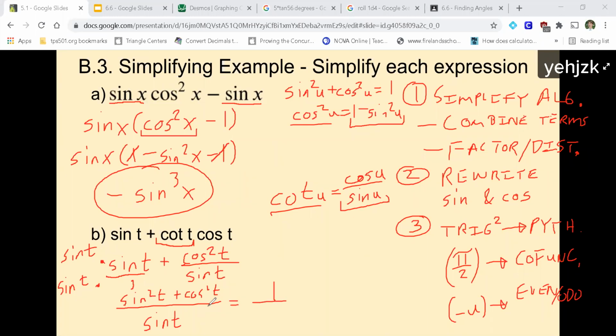So this is just 1 over sine. And 1 over sine is just cosecant. That's your reciprocal identity. And so now I'm down to a single term of a single trig expression.